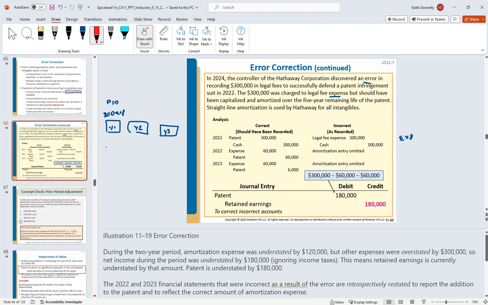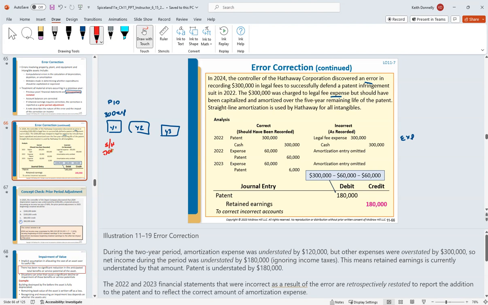What we should have done was had $300 capitalized because we won that lawsuit. We were successful. We'll talk about that later in the chapter. And then we would have taken a $60 expense in year 2, a $60 expense in year 3, to write that patent down.